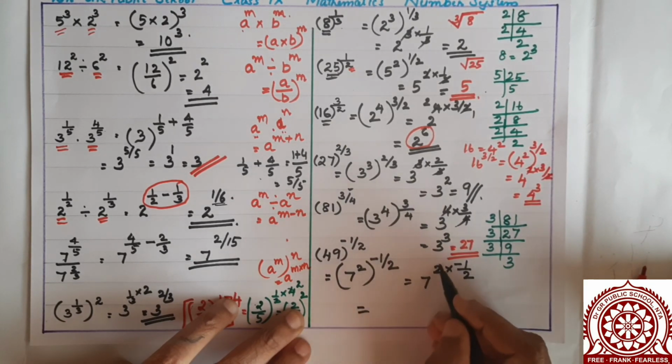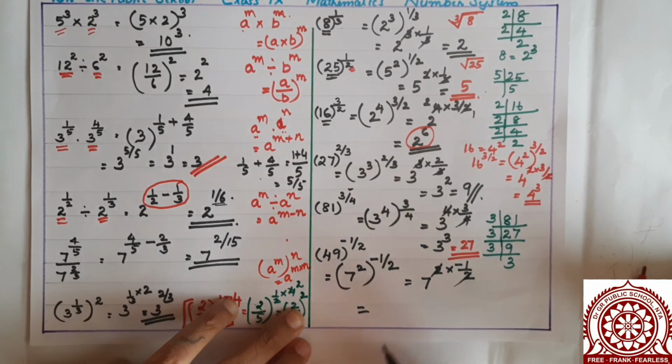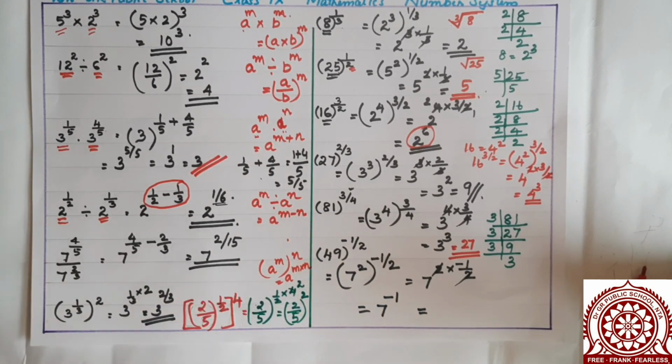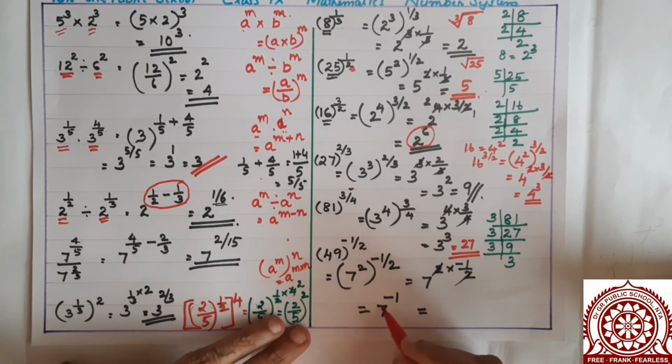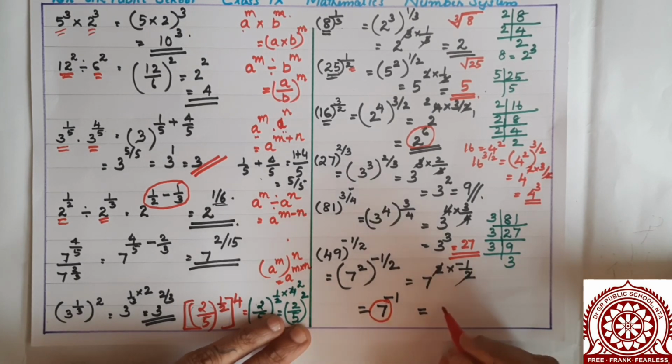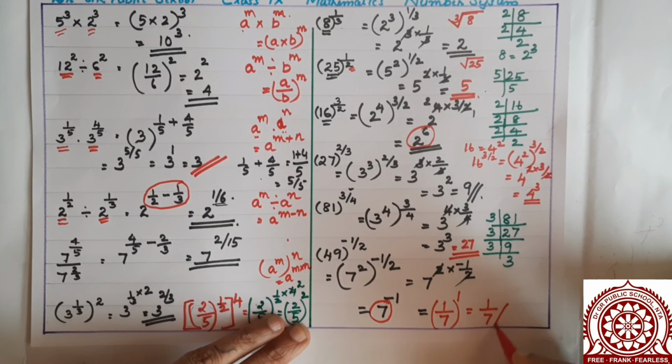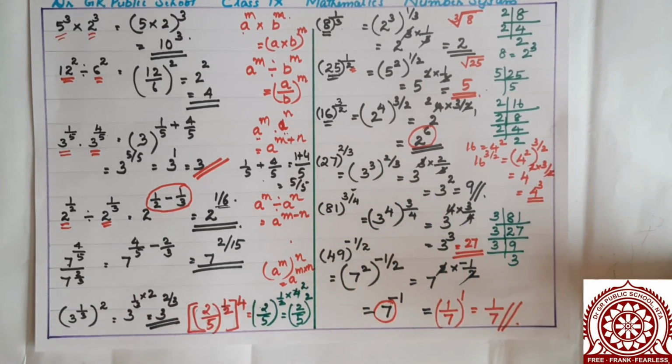What is it? 2 to cancel. 7 raised to minus 1. When we have a negative power, what we have to do? We have to take the reciprocal of base. What is reciprocal of base? 1 by 7. Then power will become positive. So what is the answer? Answer is 1 by 7.